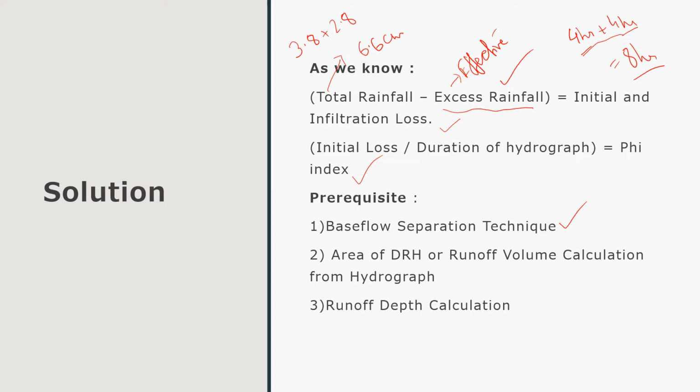You can just search and go through that video first and then come back to this problem. You also have to know how to calculate the area of DRH, or direct runoff hydrograph, and then, corresponding to that, the runoff volume calculation from a hydrograph, and also runoff depth calculation. Now you know this depth and volume can be converted easily.